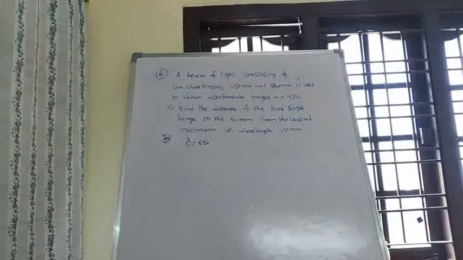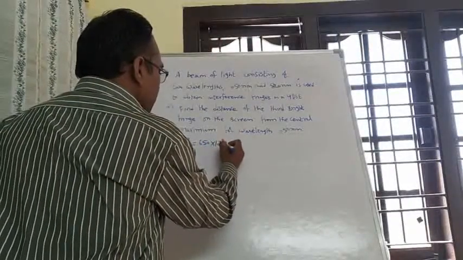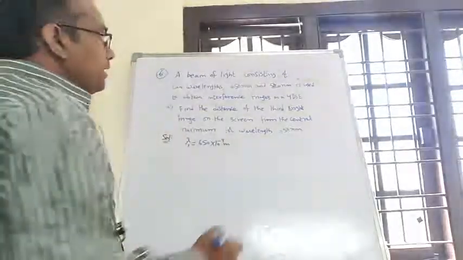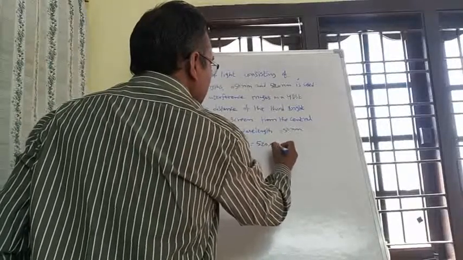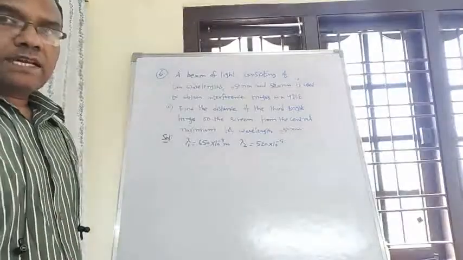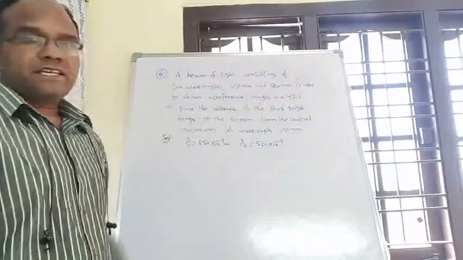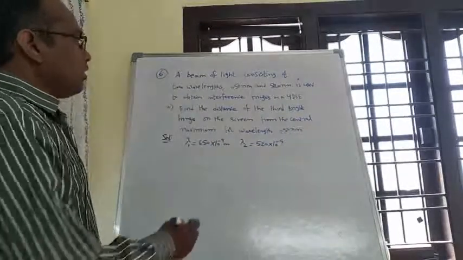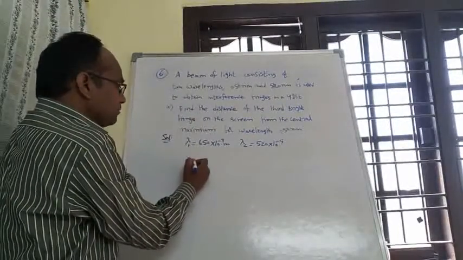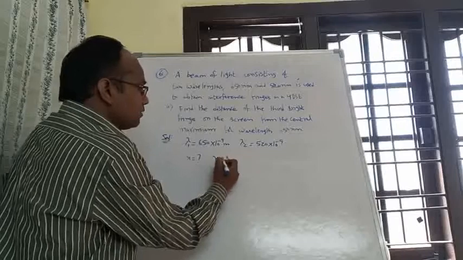Next, lambda 2 is given as 520 nanometer, so 10 to the power of minus 9 meter. It is used to obtain interference fringes in a Young's double slit experiment. What is the distance of the third bright fringe? Distance is x is equal to question mark. Third bright fringe means n is equal to 3.